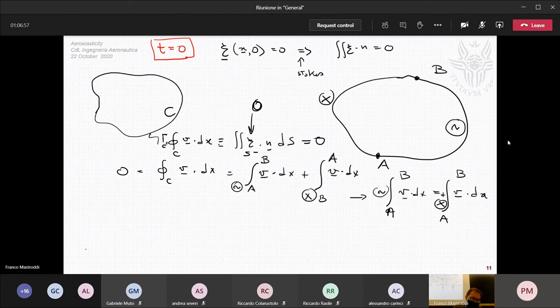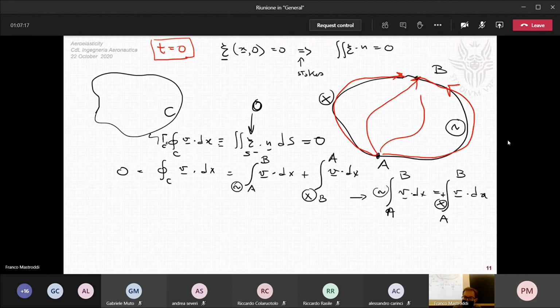So I am saying that when you take the integral following this path, you have the same value as when you take the integral following this path here. This is equal to this, and it should be equal to this, and this, everything. And so forth.